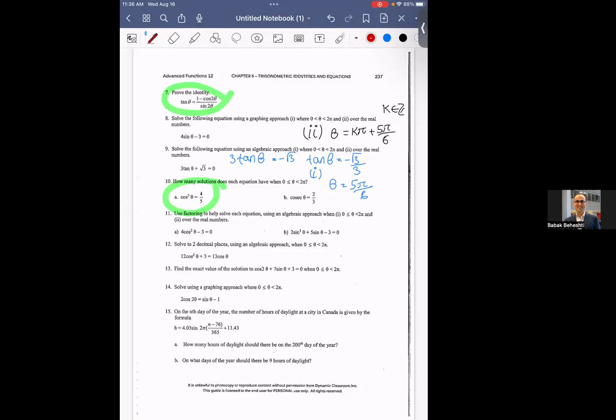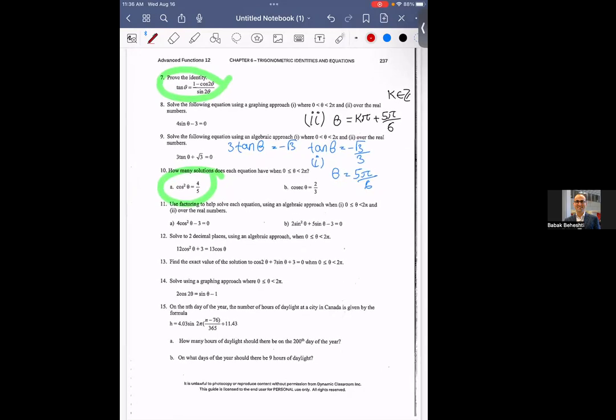On the nth day of the year, the number of hours of daylight in a city in Canada is given. Okay, so this is just the number of hours of daylight in terms of the day. n is the nth day, right?